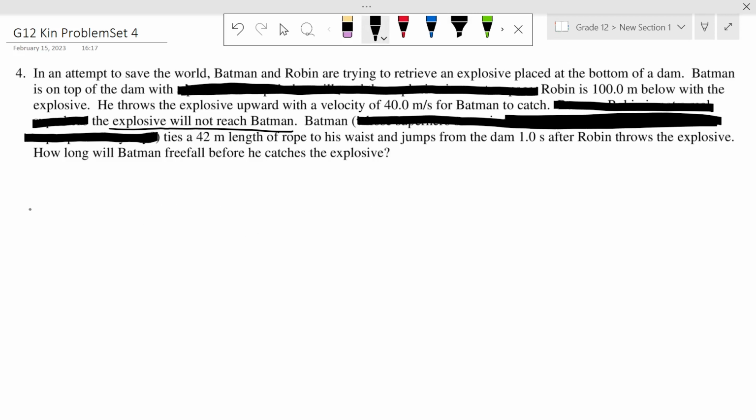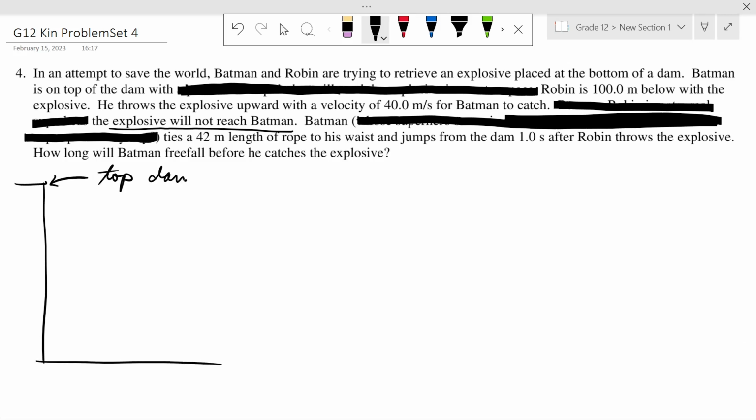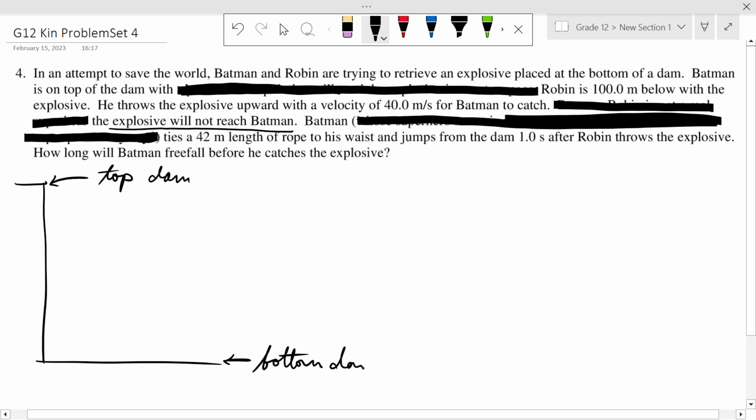After that, we can first draw a diagram of what's happening. So that part is top of the dam, and this is bottom of the dam. This distance from here to here is 100.0 meters with 4 sig figs.